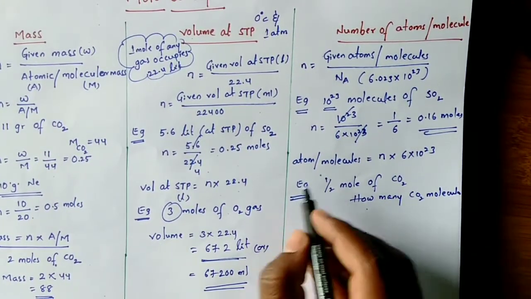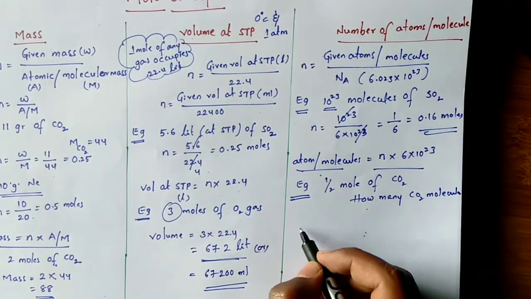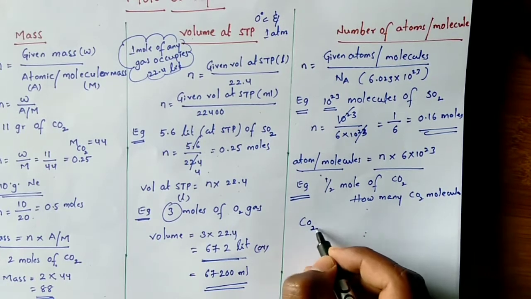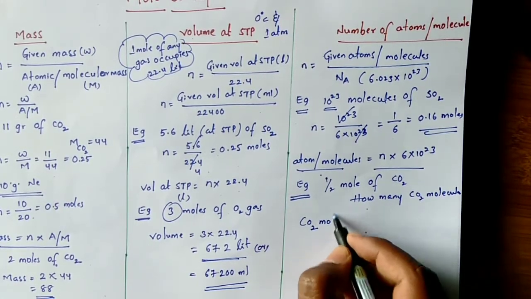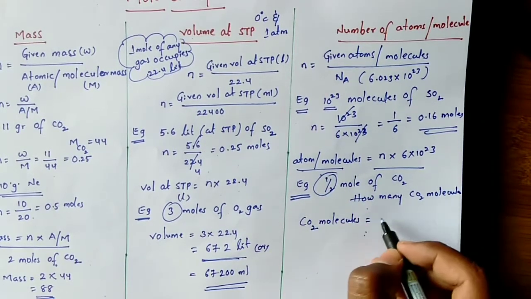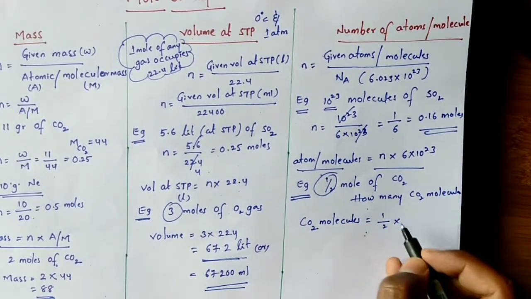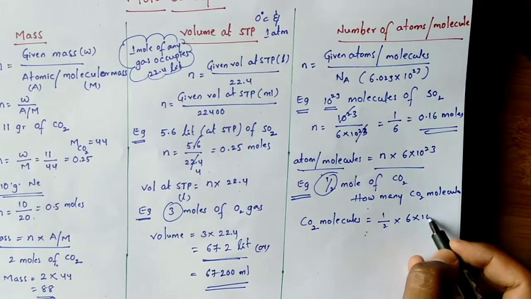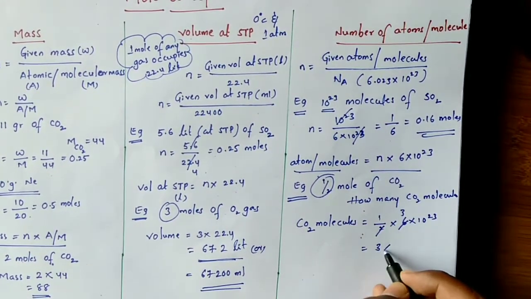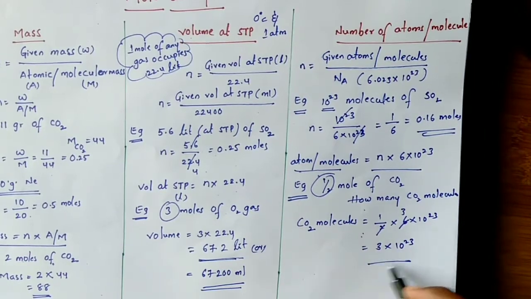Number of molecules of carbon dioxide equals number of moles, half, 1 by 2, into Avogadro number, 6 into 10 power 23. So that is 3 into 10 power 23.